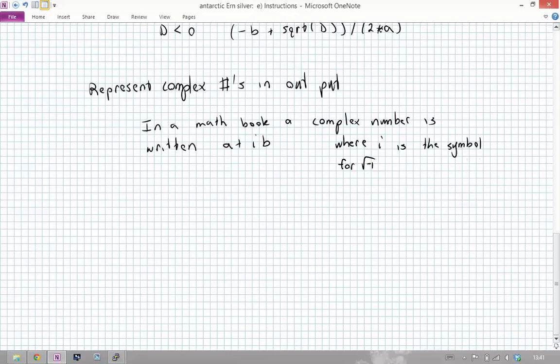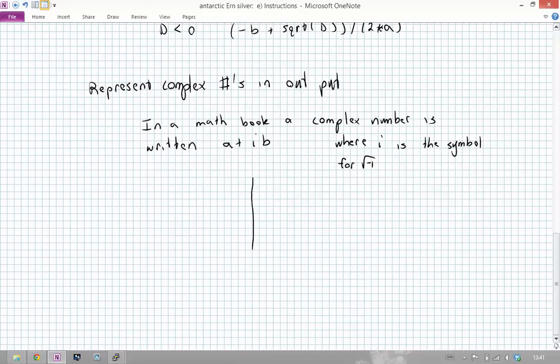And you may or may not remember this, but back when you first learned about these complex numbers, you could represent the complex plane, the set of complex numbers, as ordered pairs, a and b. Does that somewhat ring a bell? So that would be the point a plus ib, the complex number a plus ib. Another way to think of these is as ordered pairs, a comma b.